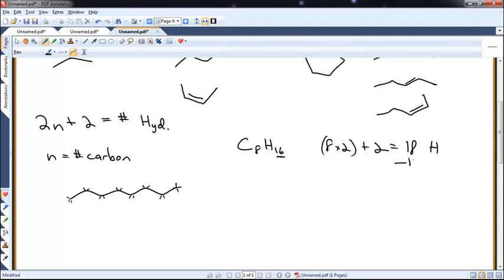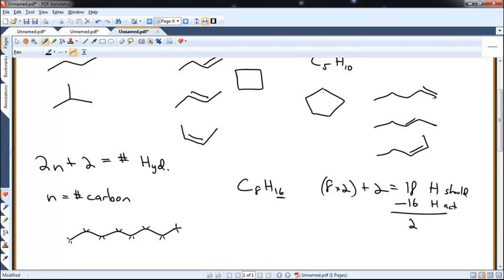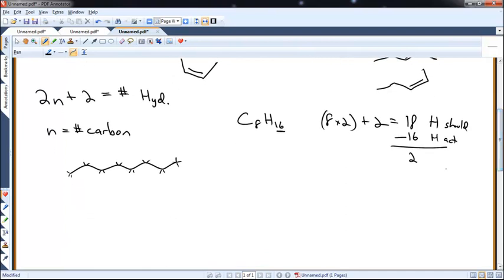So I subtract how many I actually have from how many I should have, and it says 2 are missing. Well, every time you make a double bond, or every time you make a ring, in order to bond those 2 carbons together, each carbon involved in that activity has to lose a hydrogen. So this carbon has lost a hydrogen, this carbon has lost a hydrogen, and so for every 1 degree of unsaturation, you lose 2 hydrogens. And so what we do is we divide it by 2. That will tell us we have 1 degree of unsaturation.